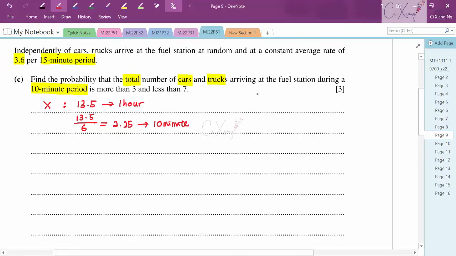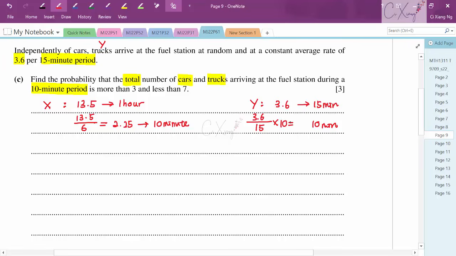The same thing applies for the truck. So the truck, maybe I label it as a Y. So for Y, I know that 3.6 is for 15 minutes. So now I'm interested in 10 minutes. So for 10 minutes, you should take 3.6 divided by 15 times 10.